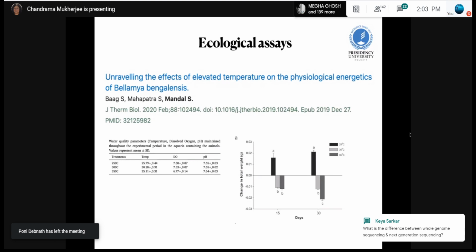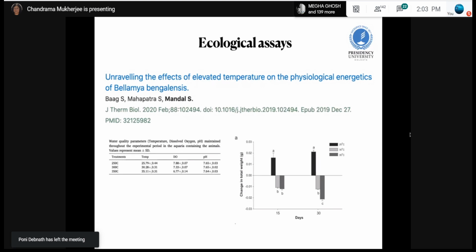For simplicity, I just wanted to show you a simple picture, but that study is beautiful, and they did many experiments to prove that other physiological parameters like ingestion rate, excretion rate, and growth mass are all affected when there is an elevation in temperature.